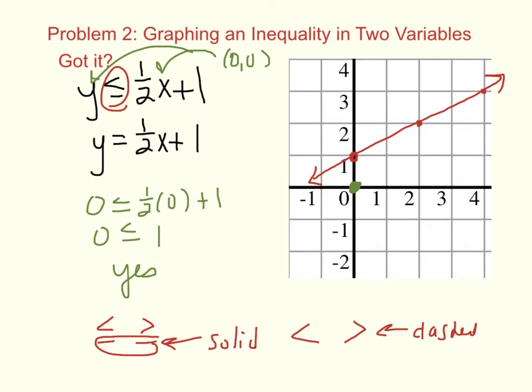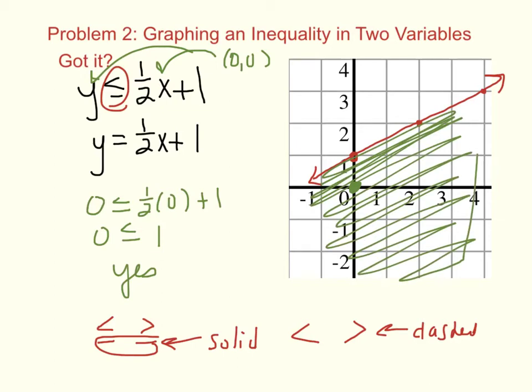So we are going to shade the true side. If you plugged in 0, 0 and it was false, you would shade everything above. So this is the region that is less than or equal to the boundary line. So everything that's on the line and below it would be your solution.